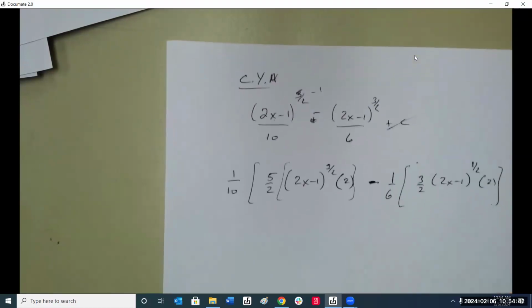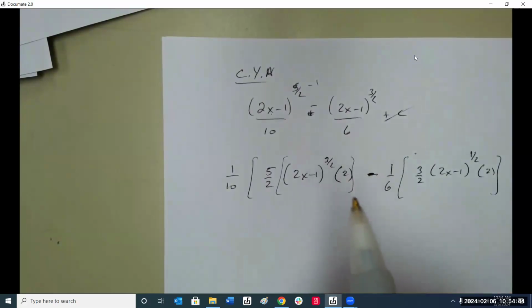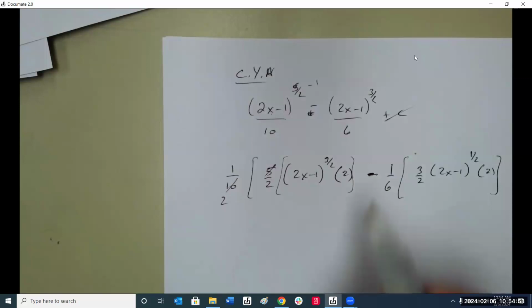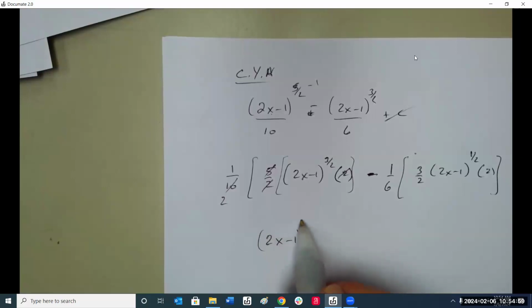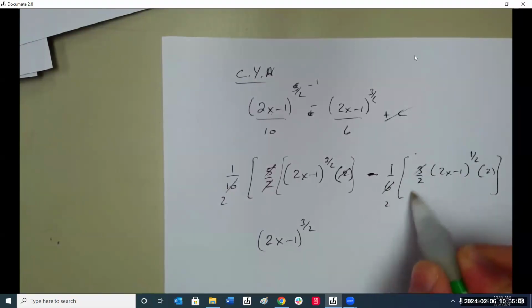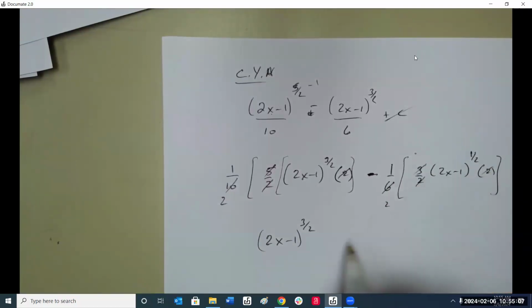The derivative of the constant disappears. So the 5 and the 10 cancel, the 2 and the 2 cancel, so we have 2x minus 1 to the 3/2. The 3 and the 6 cancel, the 2s cancel, so we have minus 1/2 times 2x minus 1 to the 1/2. And then this is 1/2 out here.